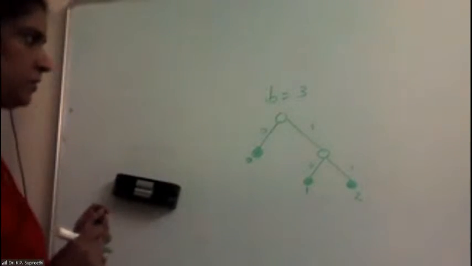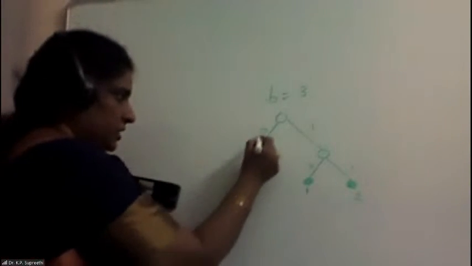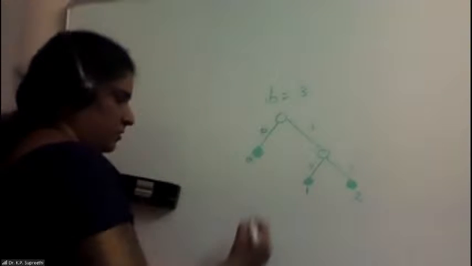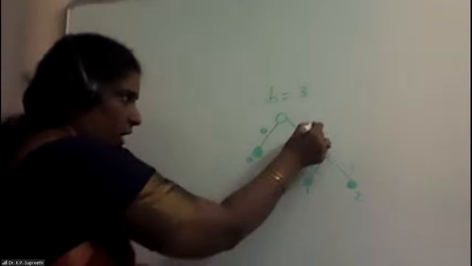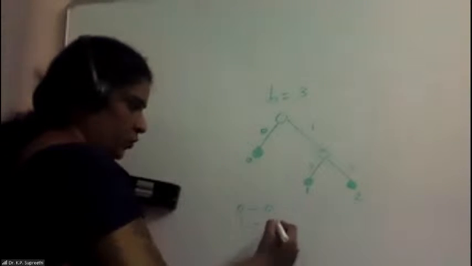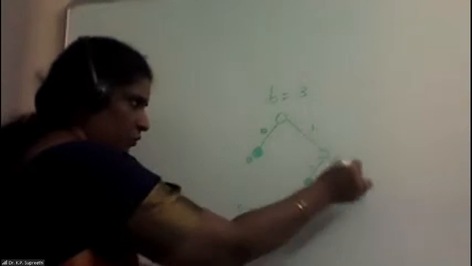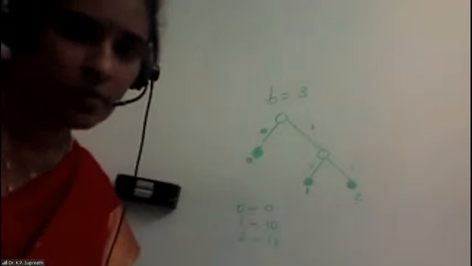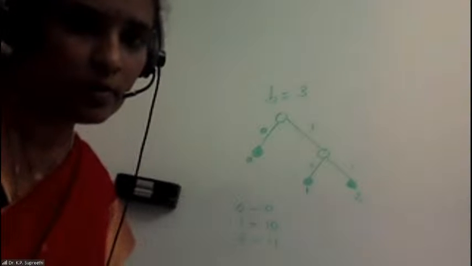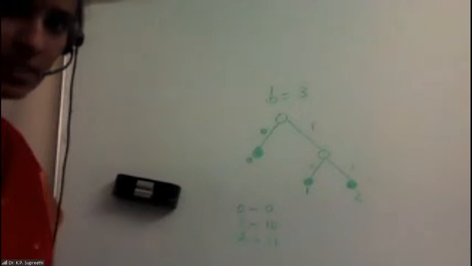Is it clear? Is it visible? Shall I make it? So for 0, it is only this. For the remainder 0, it is 0. For the remainder 1, it is 1, 0. You will write it in this way. For remainder 2, it is 1, 1. I hope it's easy now.